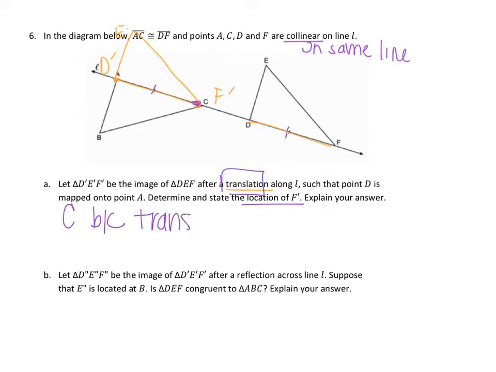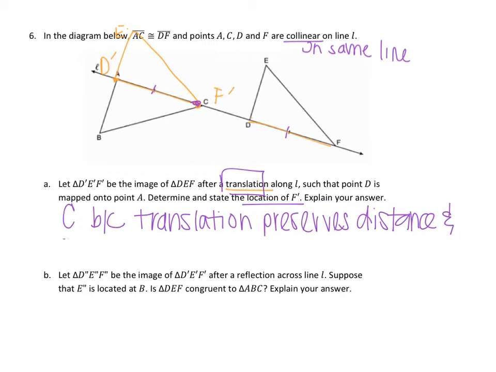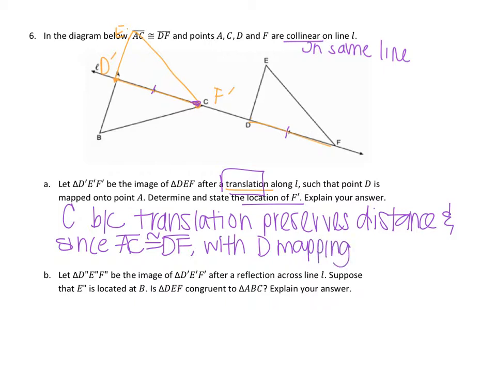Translation preserves distance, and since AC is congruent to DF, with D mapping onto A, F must map onto C.